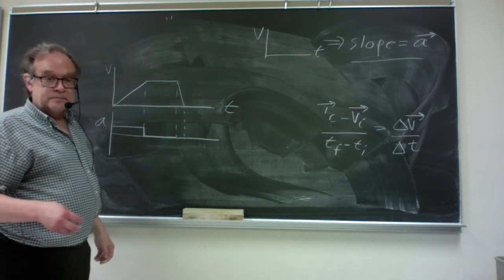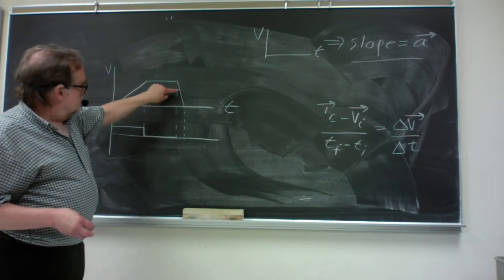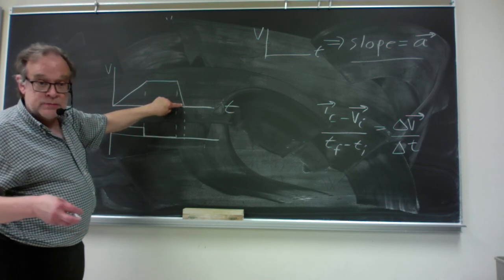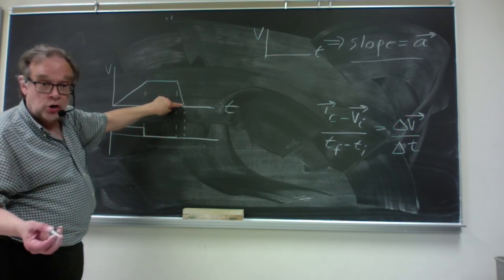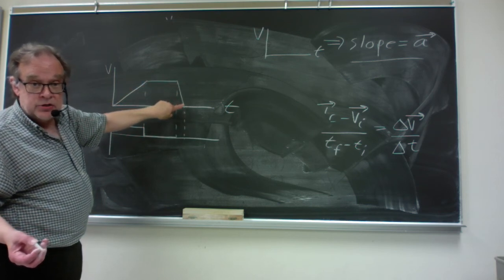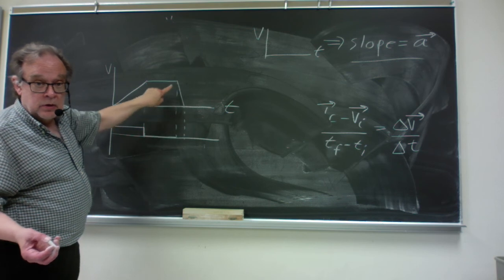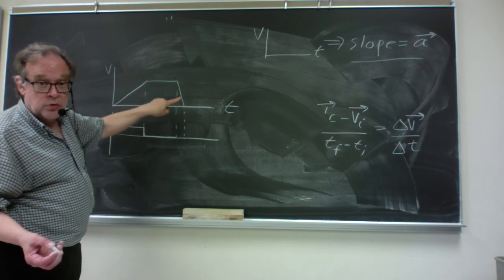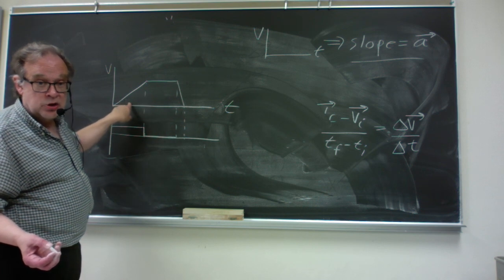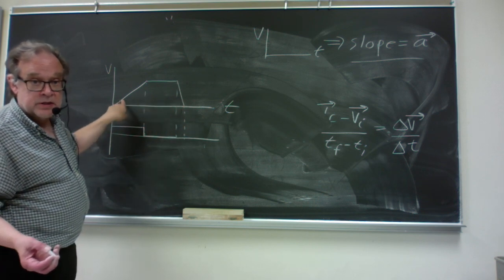The velocity change is more dramatic, quicker, corresponding to a steeper slope. So this negative number must correspond to a faster, stronger acceleration, and the magnitude of this slope is bigger than this slope, or the absolute value of this slope is bigger than this slope. This is steeper than this.